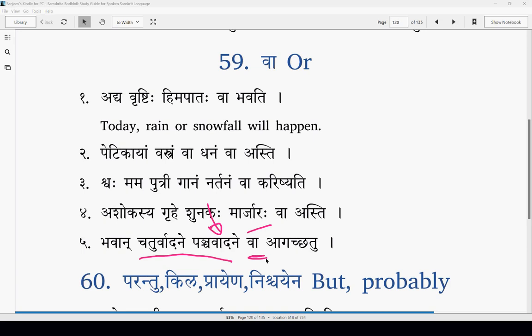But if you want to put cha at the beginning, aham cha Ramam Krishnam pashyami, generally in prose it is not used like that. Aham mama mitram cha Ramam Krishnam cha pashyami is a different usage.